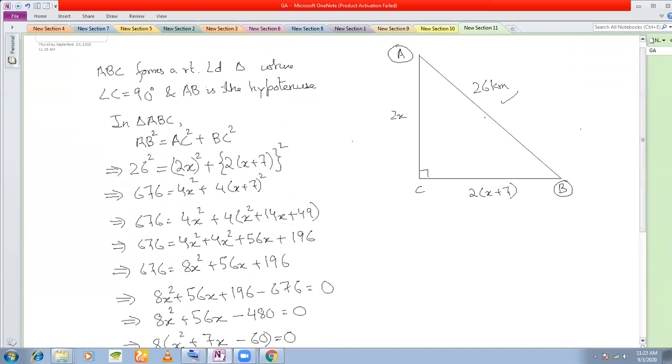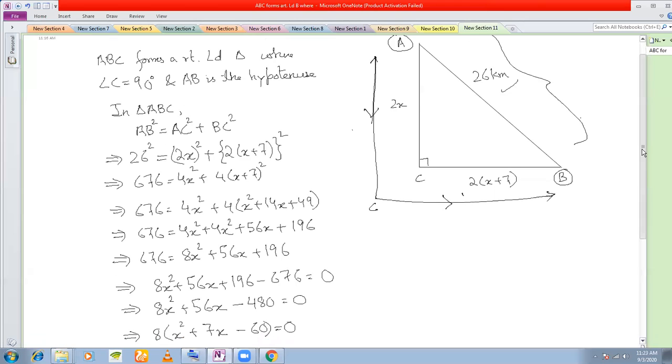Now previously, what distance were you traveling? You were traveling from A to C, and then from C to B, right? From here to here you were traveling. But now what are you doing? You are traveling only this distance. So how much distance are you saving?